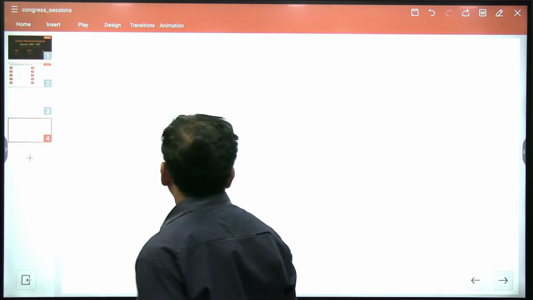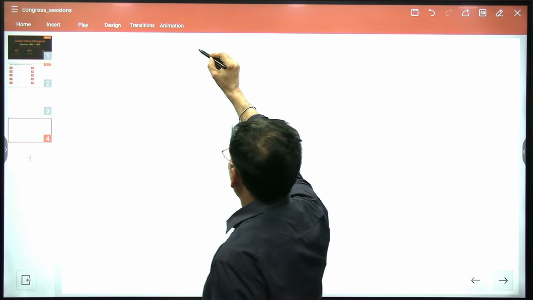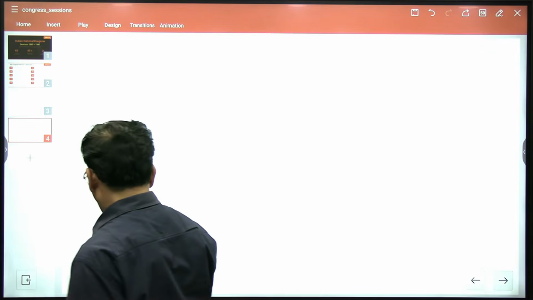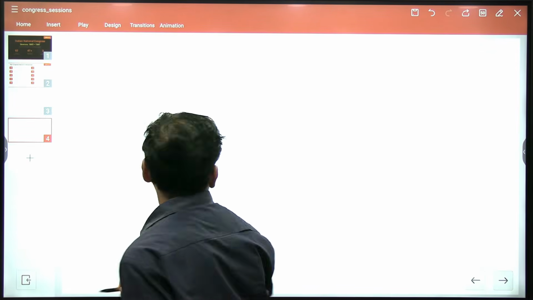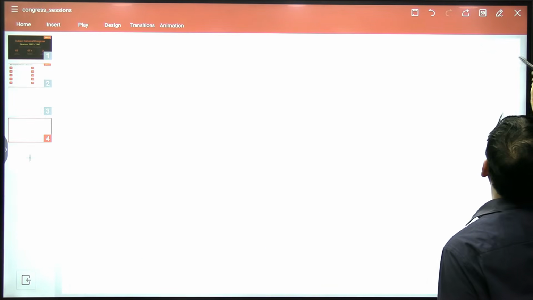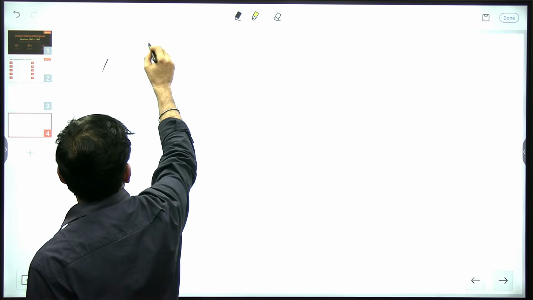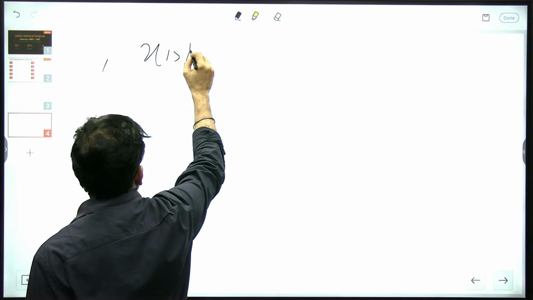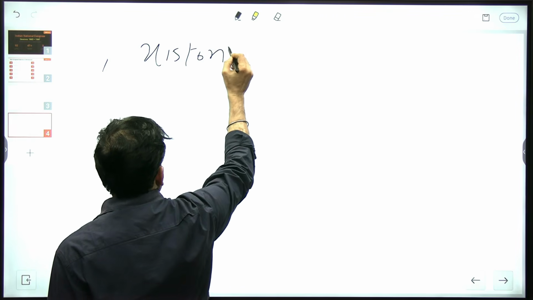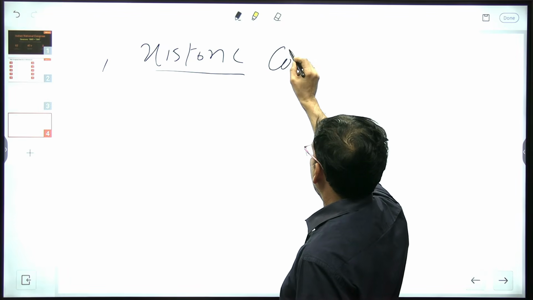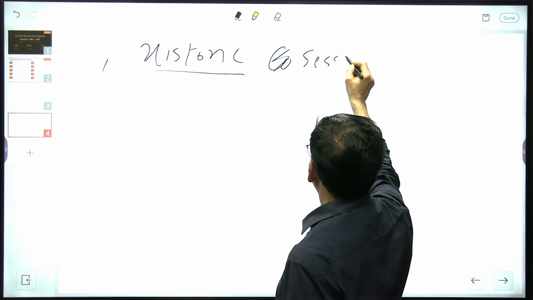Now we can discuss some historic sessions of Congress. This is, now the meaningful component is going to start. Historic sessions of Congress.